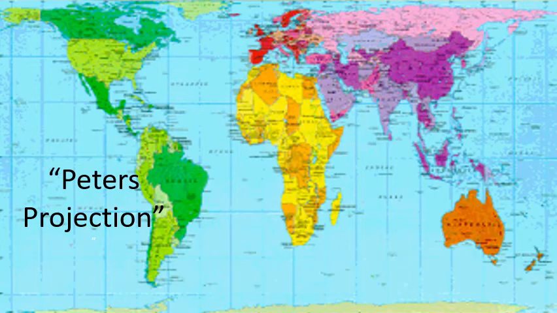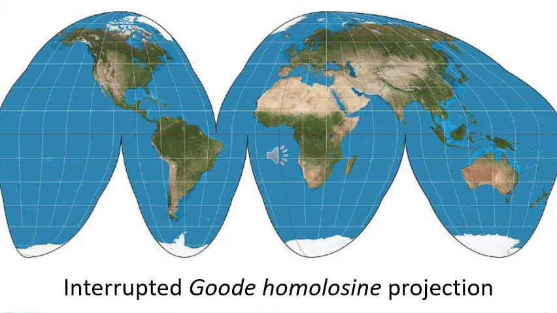The Peters is a better map projection to compare the sizes of land masses. All of the objects on here, their relative sizes are accurate. However, it would not be very good for navigation because some of the directions are not. This projection, which I won't even attempt to pronounce, shows accurately both the sizes and shapes of all land masses.